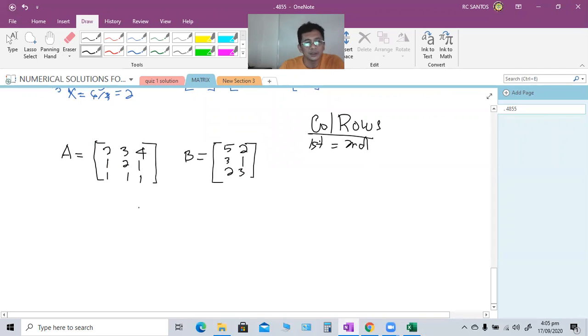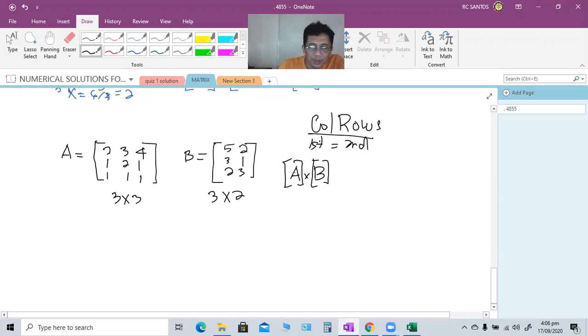So in this case, this is 3 by 3. Ito naman, 3 rows by 2 columns. So pag i-multiply mo A times B, yung matrix, ito yung symbol kasi. Pero yung iba, ino-omit na lang ito.